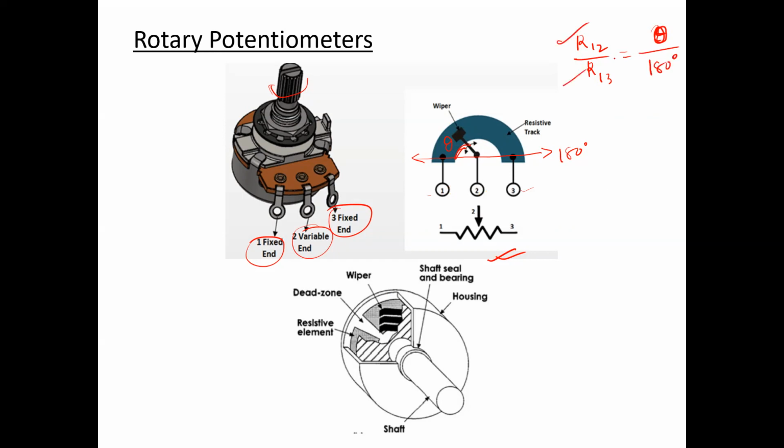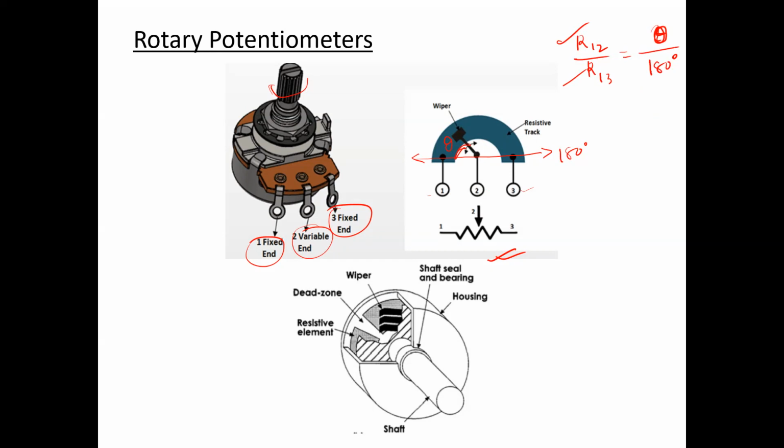If these 2 parameters are known, the unknown angular displacement can be predicted by multiplying this fraction with 180 degrees. So these are simple examples of how linear and rotational displacement can be measured using resistive elements.